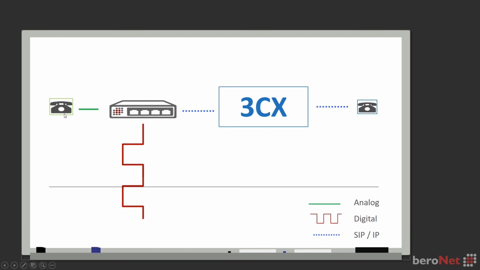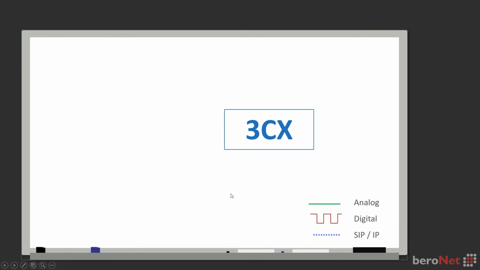For analog devices, what we want to do is to tell the 3CX that this extension belongs to this phone, or better said, the other way around: this analog phone belongs to this user. So just like we do for SIP extensions, we have one user and we say this user has this telephone.